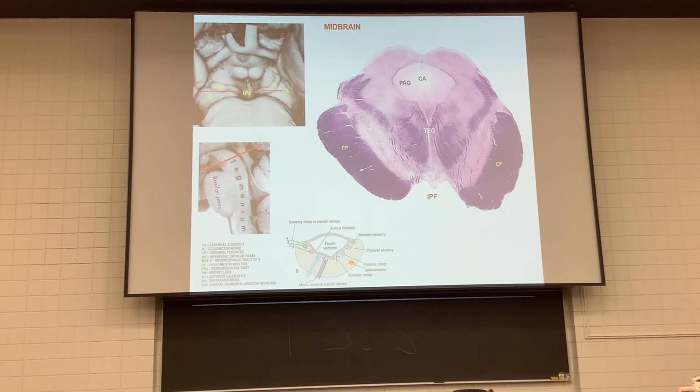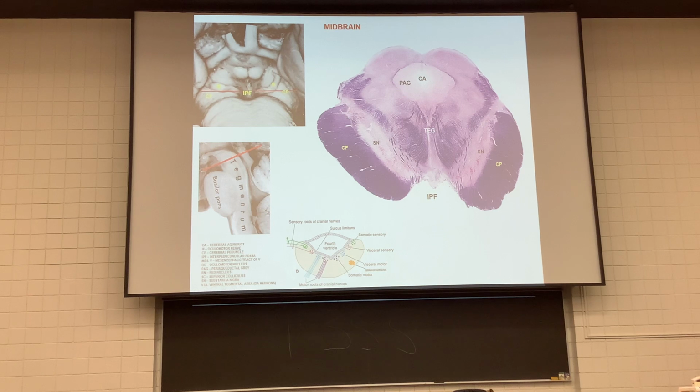So the cerebral peduncle is formed by thousands of axons, yet to be told where they're coming from. And then we have this area where there are some nuclei. Let's not worry about them now.